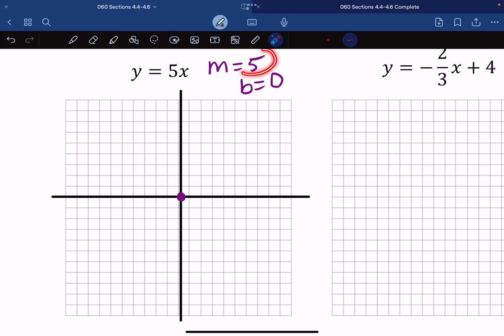From there, I can use my slope to find another point. Now, my slope needs to be rise over run, and that's quick and easy to solve. I can just throw a 1 underneath it, and now I have a rise over run. So from here, I can go up 5 and over 1.